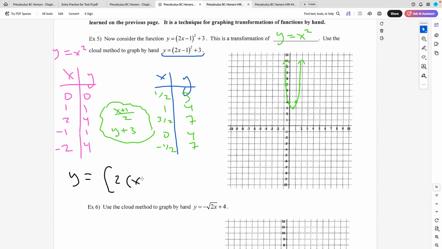And then it becomes x minus what? Half, squared. So if you want to think of it this way, you could. Did I shift 1/2 to the right? I did. Did I shift 3 up? I did. Did I stretch it vertically? I did.